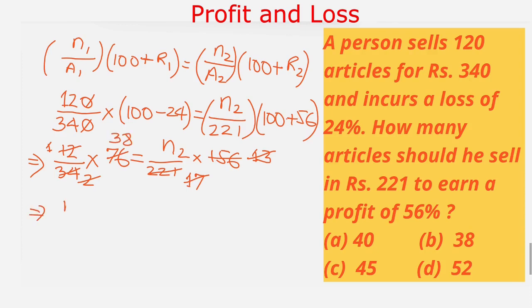This gives N2 equal to 38. This is the same answer as solved earlier. And from the given options, our answer is option B. I hope you have understood this direct formula and you can solve such types of questions with this formula.